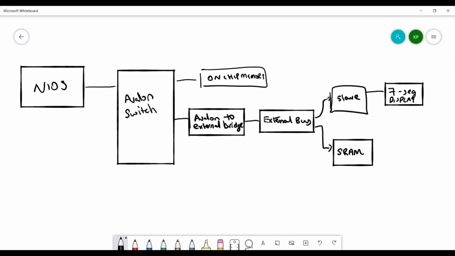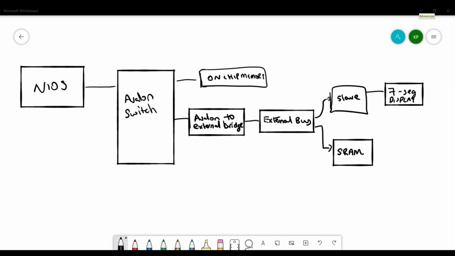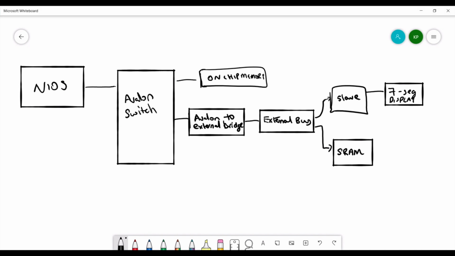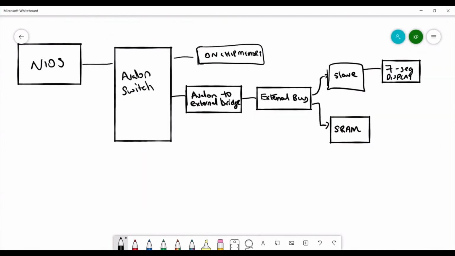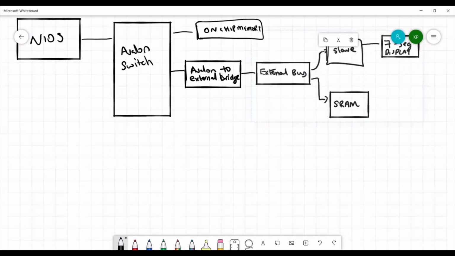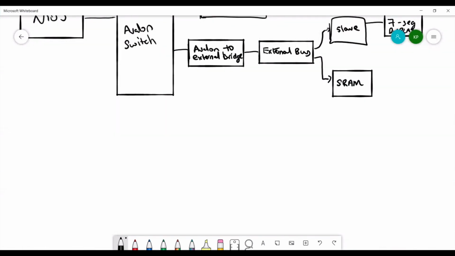Now, what we're looking for is more detail about the section in between the external bus and the two slave devices. So what comes out of the external bus, and then how does it split from there, not in terms of code, but just in terms of the lines. Oh, right, so like whatever the address lines are and stuff. Okay, yeah, I see what you mean.